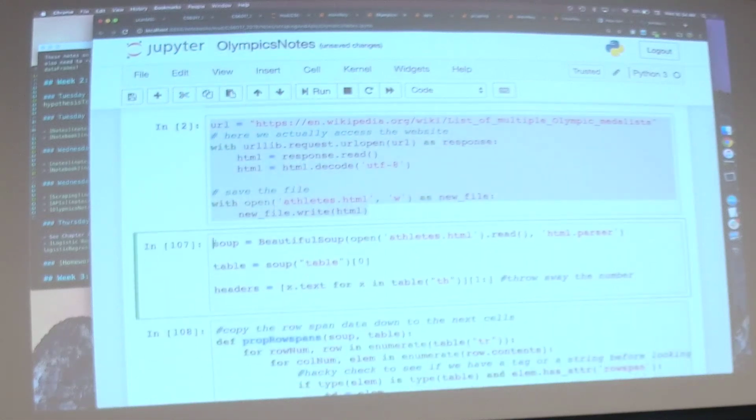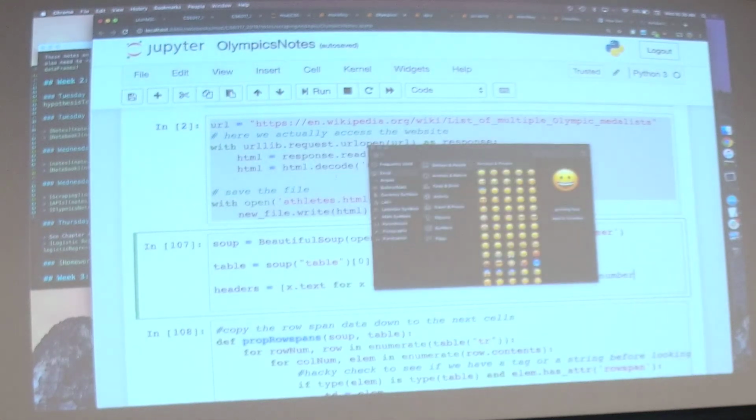Now we can do, as much as we want, and we're not hitting Wikipedia. So we know that from looking at this, we figured out that our Olympics are in the first table element of the page, and they're numbered. So actually, maybe let's.